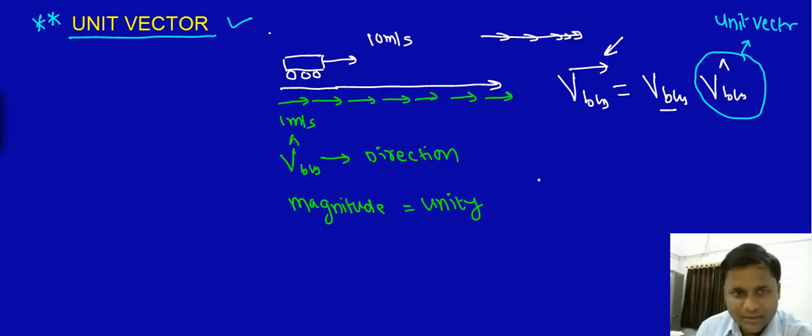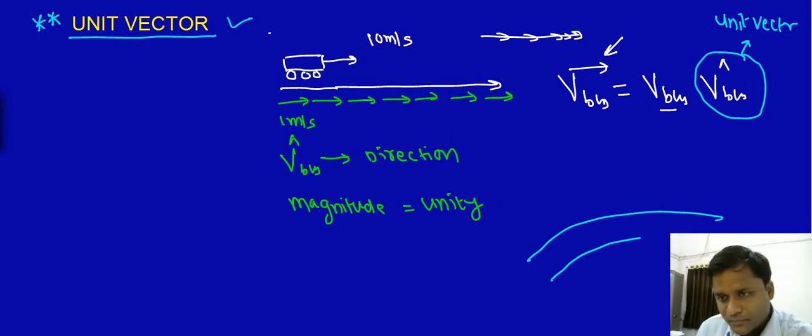Let us suppose this is the road and a car is moving in this fashion. This is the car. I am not able to draw this well. The direction of the car is from this side to this side.